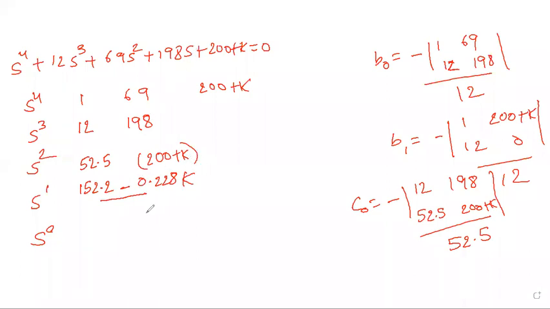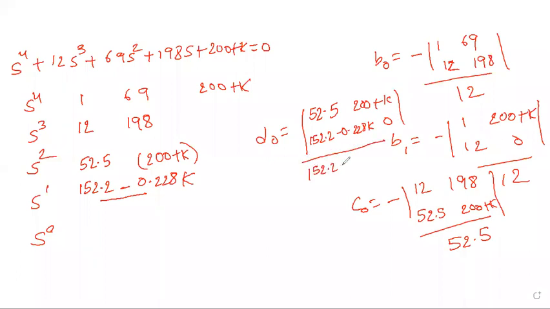Okay? So find d naught. Find d naught again: 52.5, 200 plus K, 152.2 minus 0.228K, 0, divided by 152.2 minus 0.228K.